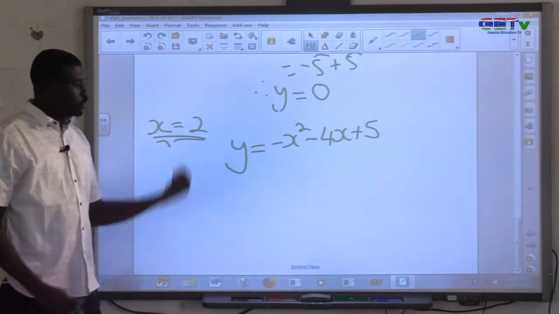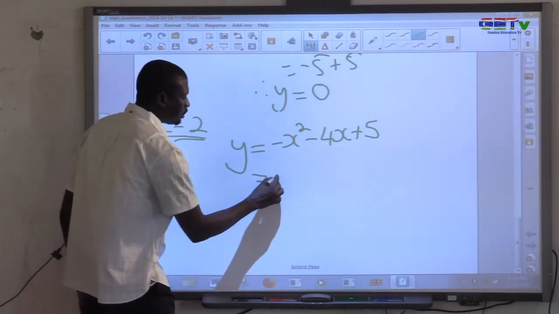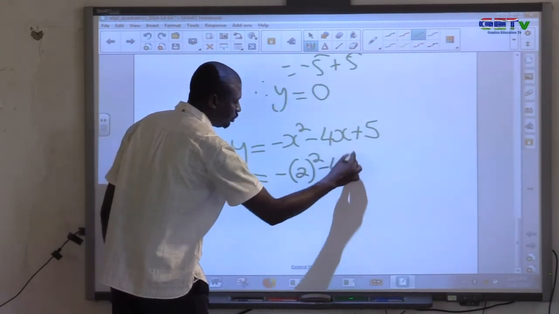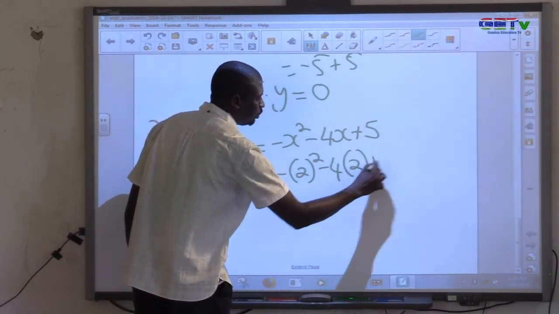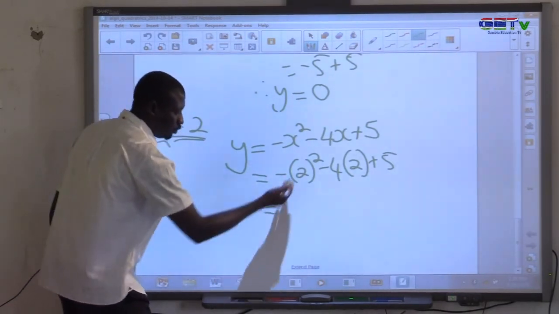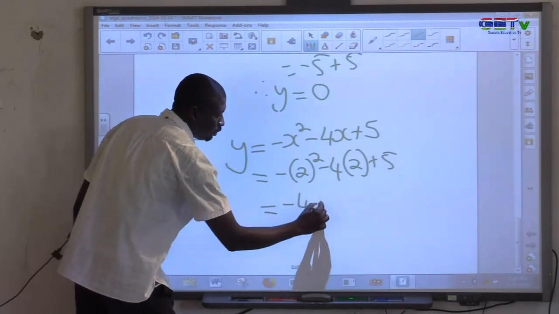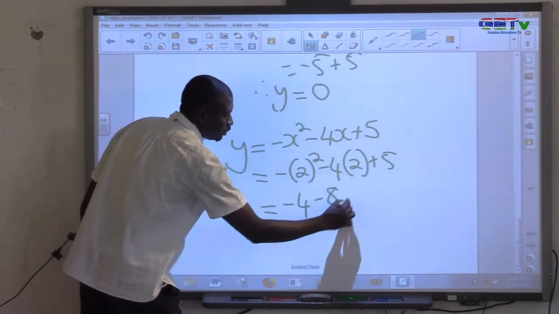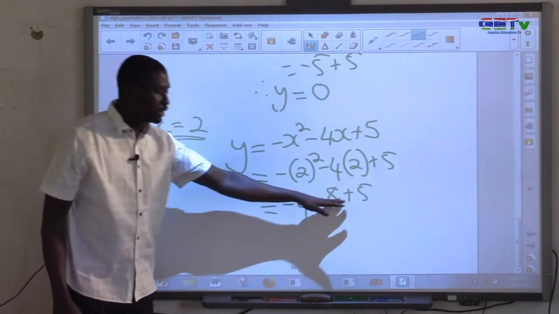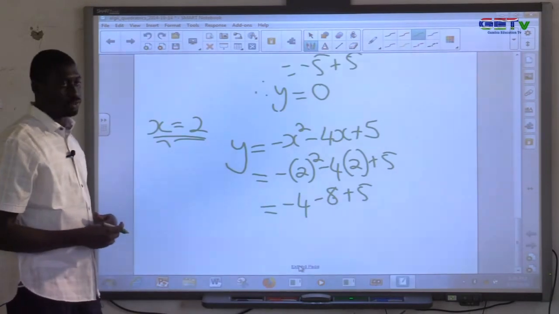When x is 2, we substitute in place of x 2. This will give us negative 2 squared minus 4 times 2 plus 5. This 2 squared is 4. So negative 4 minus 8 plus 5. If we add together, negative 4, negative 8 is negative 12.